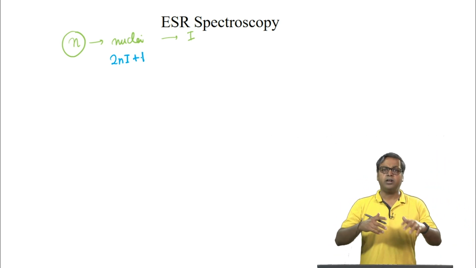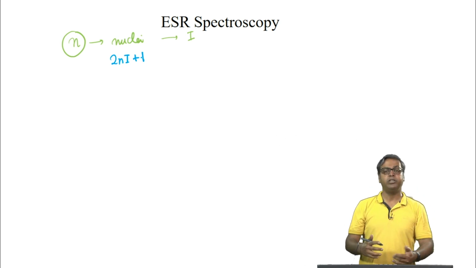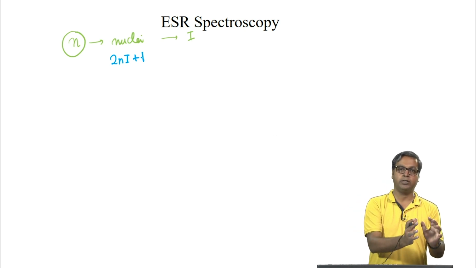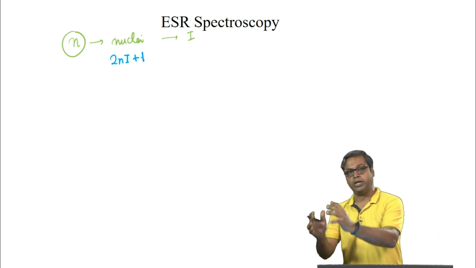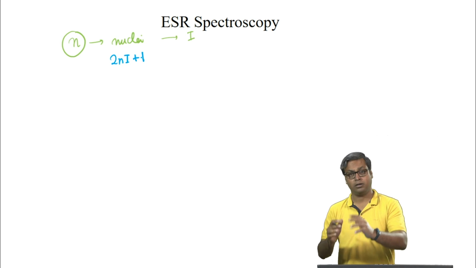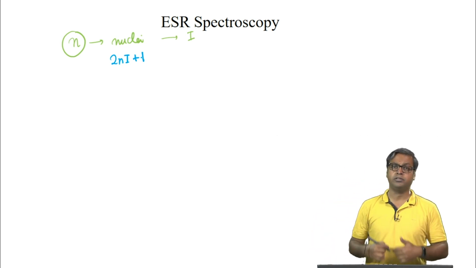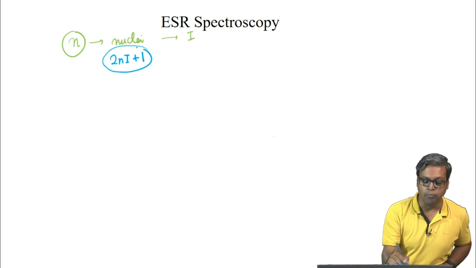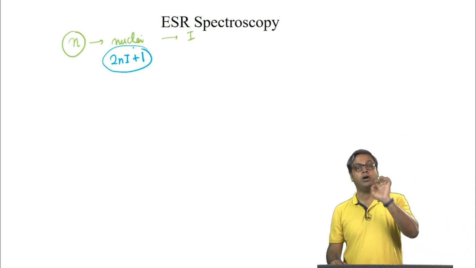Now, if there are different nuclei present with different I values, let us say a few nuclei with I equals half, a few other nuclei with I equals 1, and a few other nuclei with I equals 3 by 2, we cannot use the formula 2nI plus 1.